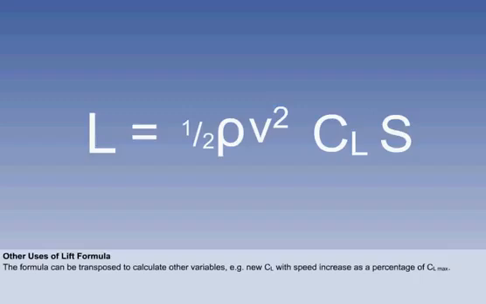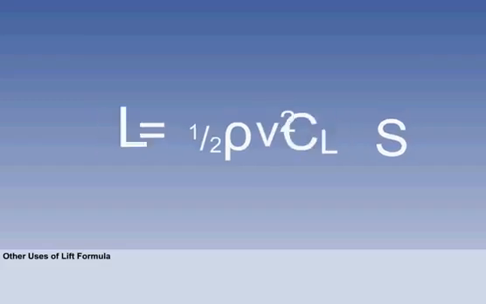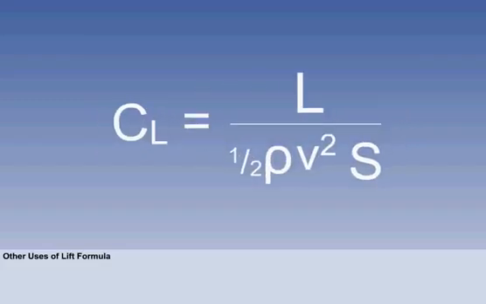L equals half rho V squared times CL times S, when transposed, becomes CL equals L over half rho V squared S. Since density, lift and wing area are constant, this can be written as CL is proportional to 1 over V squared.